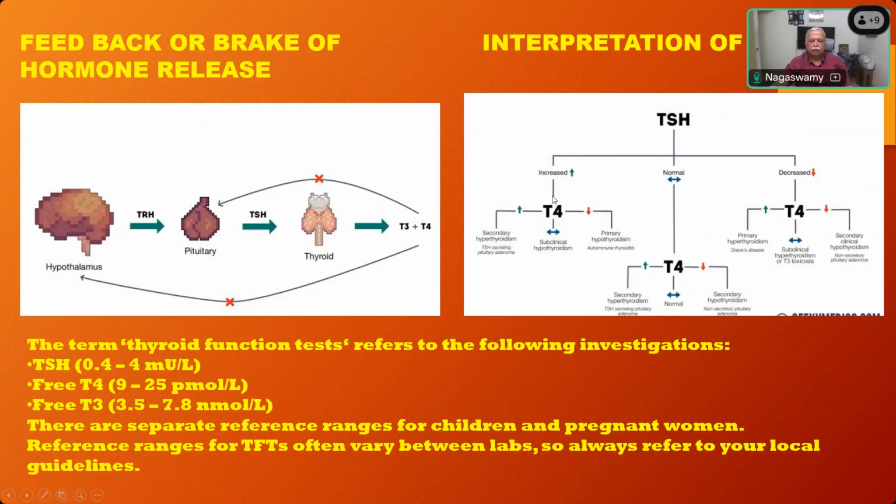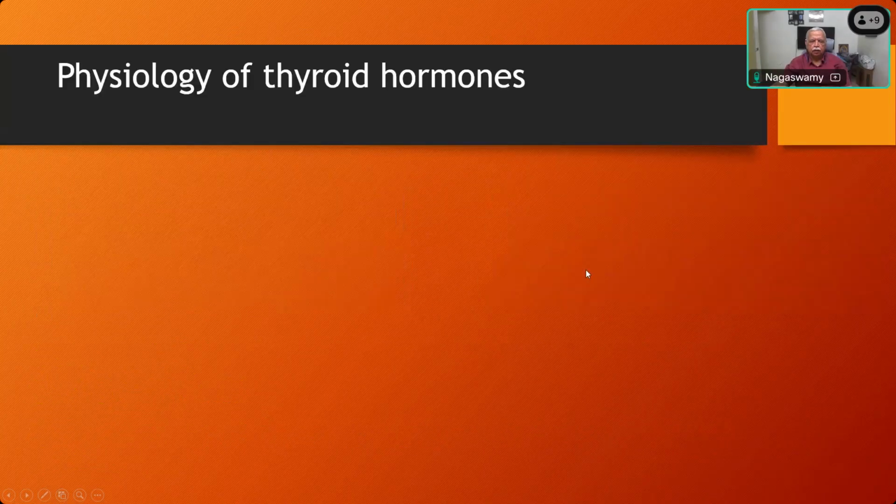So it can be primary or secondary. In primary, there is autoimmune thyroiditis, a common condition where T4 value is also decreased and TSH is increased. Whereas in secondary hypothyroidism, T4 value will be normal or slightly increased, and in subclinical it will be equivocal. So that is how the whole thing is. Either it can be primary, secondary, or subclinical. These are all the three clinical presentations interpreted by the thyroid function test.